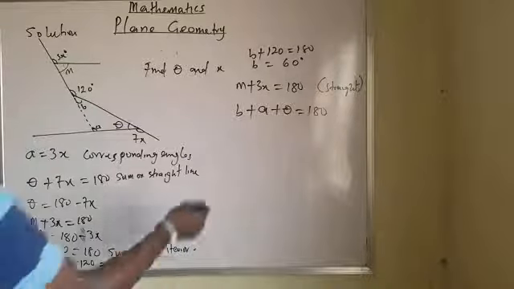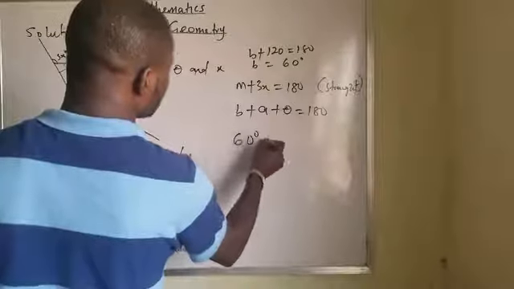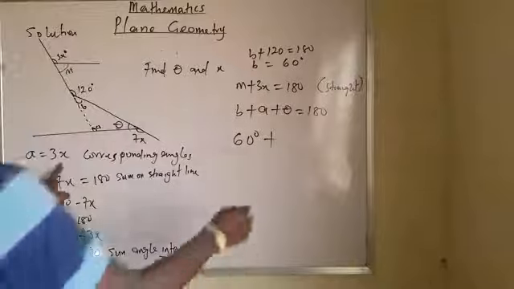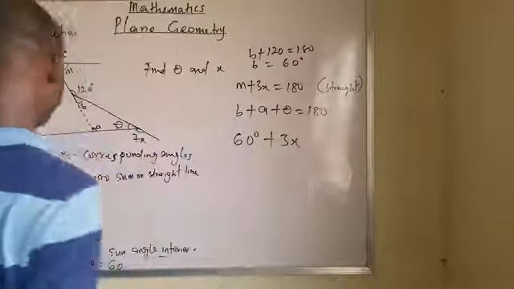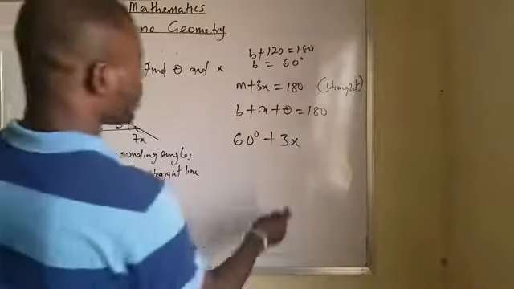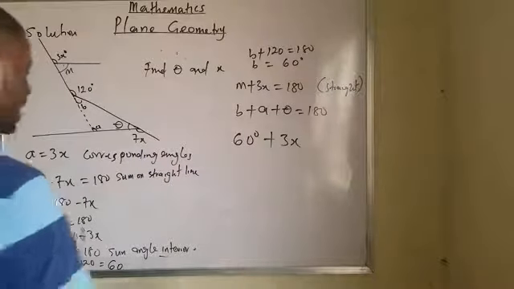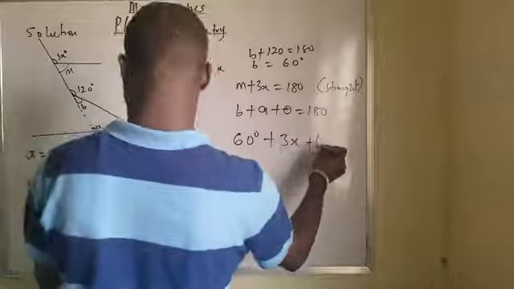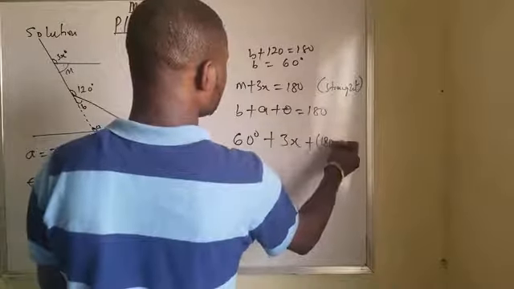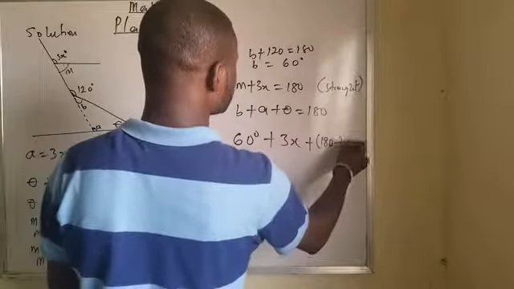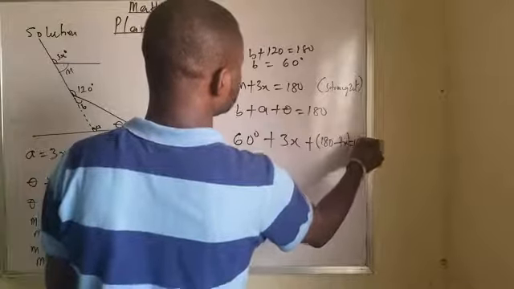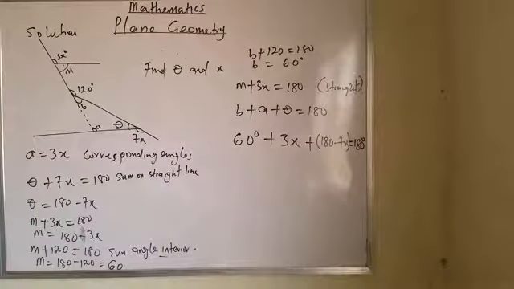Since my B is 60 degrees, what is my A? My A is 3x from the beginning. Since my A is 3x, what is my theta? My theta, the same thing: 3x plus bracket of 180 minus 7x plus 60 equals 180 degrees. Now, that is what I'm trying to do there.